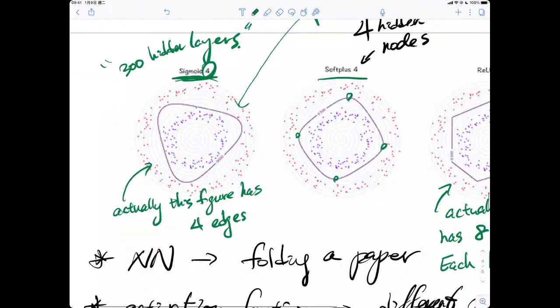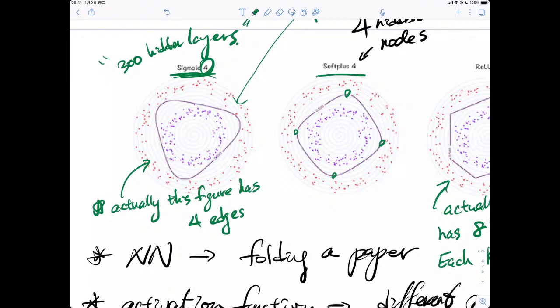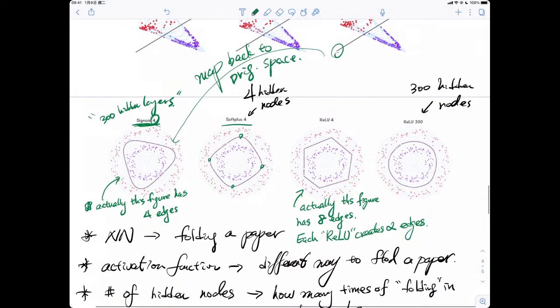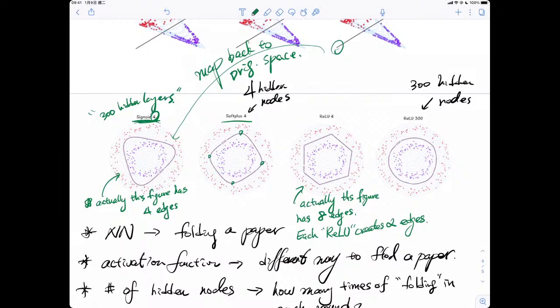However, I say that actually it has 4 edges, but the figure is not good enough for you to observe them. Actually there are 4 edges, but 2 of the edges are very close to each other, so it looks like 3 edges, but actually there are 4. Let me read it here.